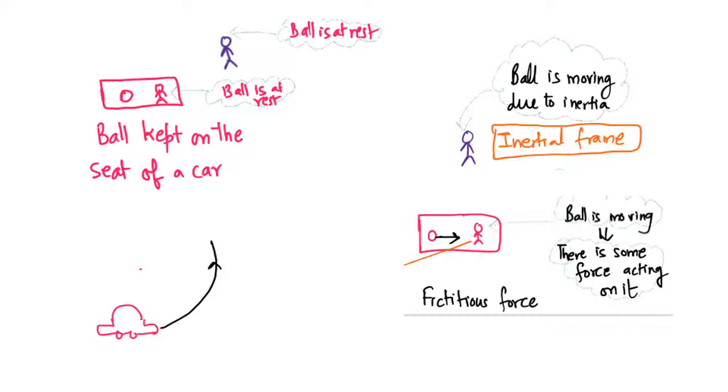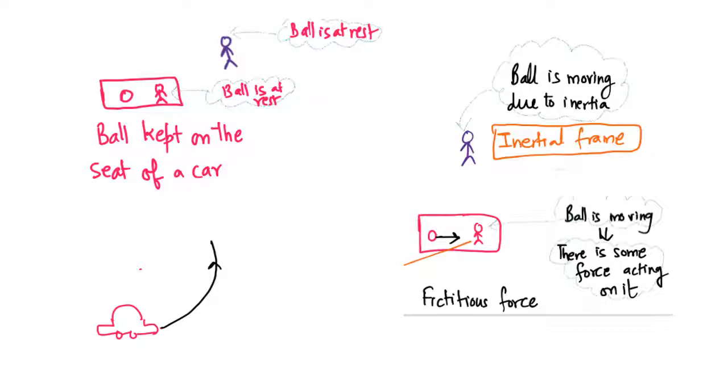As soon as the car takes a turn, the car changes its direction, but the ball, which was initially moving towards the right, would try to keep its direction because of inertia. That means the ball will keep moving in the right direction. That's the reason the second observer gives for the motion of the ball. So the ball is moving due to inertia.